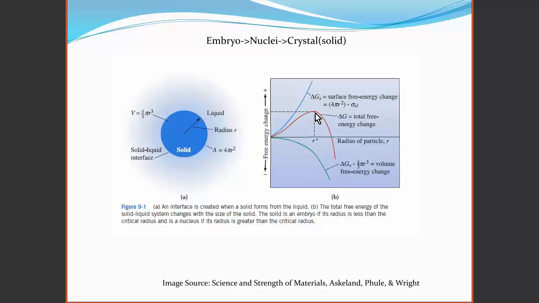However, at a certain critical radius, the total free energy maximizes, and beyond that, increasing the radius of the particle reduces the free energy of the nucleus.